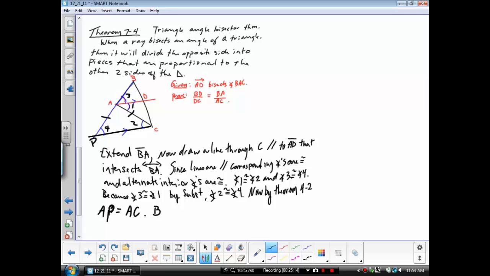You have a line that is parallel to one of the sides and intersects the other two, so it has to cut it proportionally. So by theorem 7.3, BA will be to AP as BD is to DC.